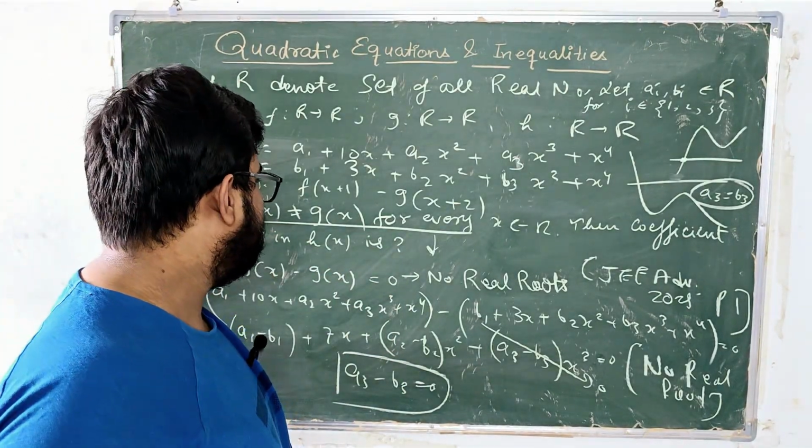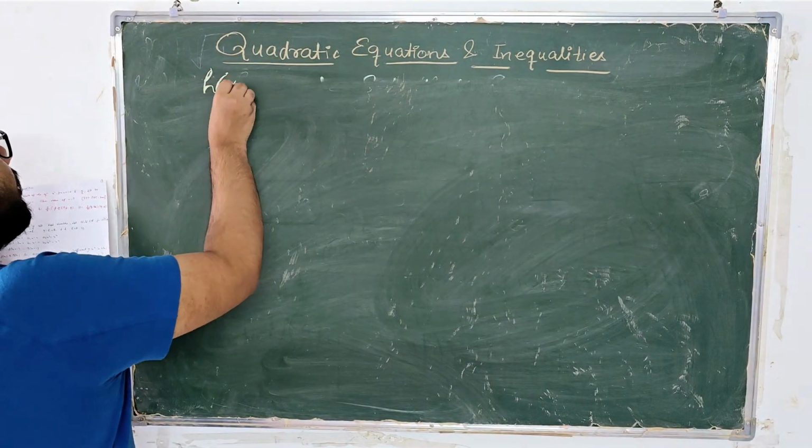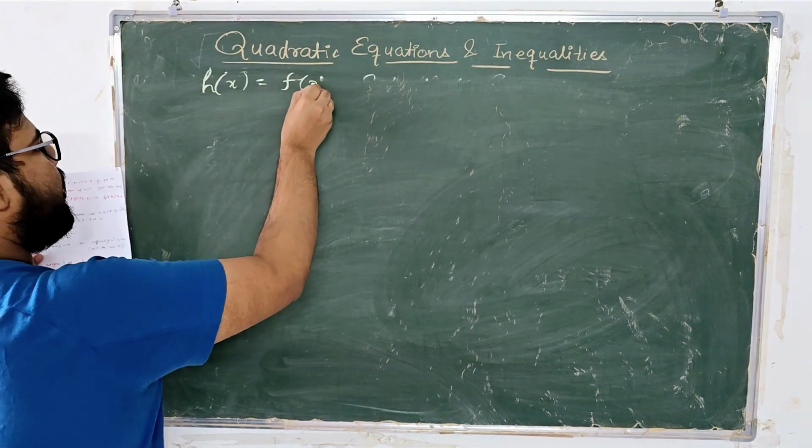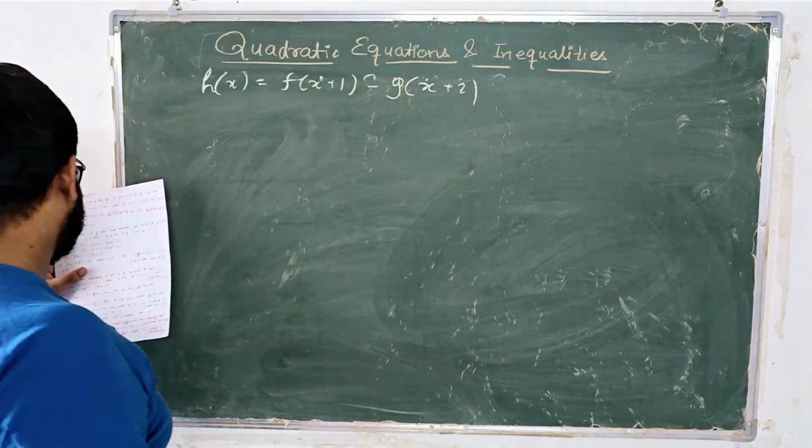Okay, f(x), this. So let me erase this. So we had h of x is equal to function at x plus 1 minus g at x plus 2, right?